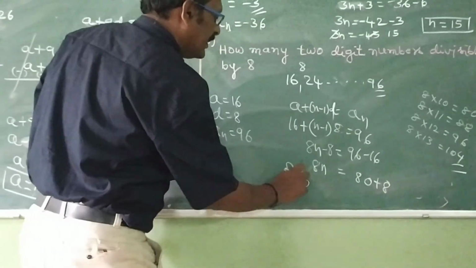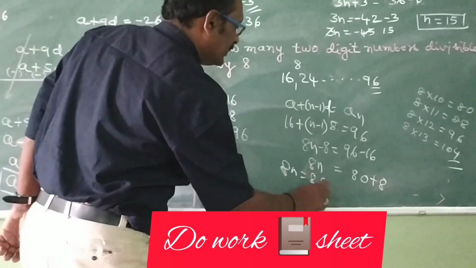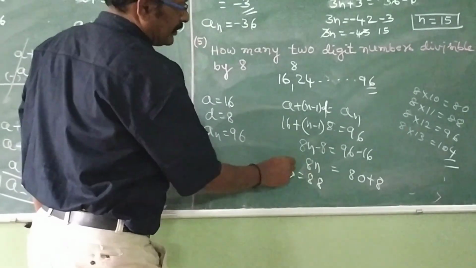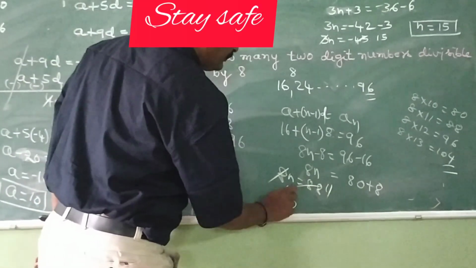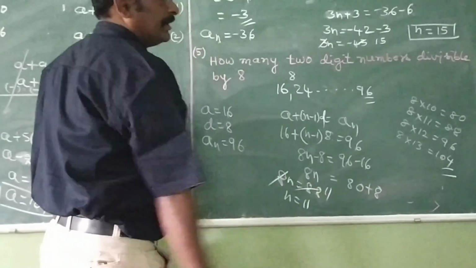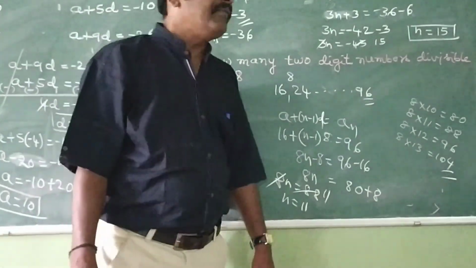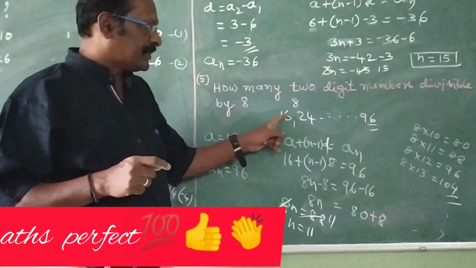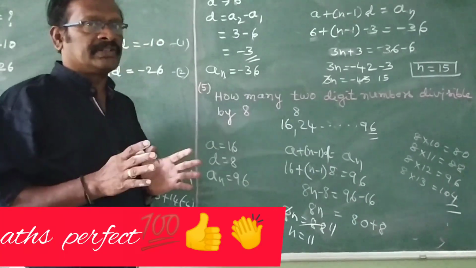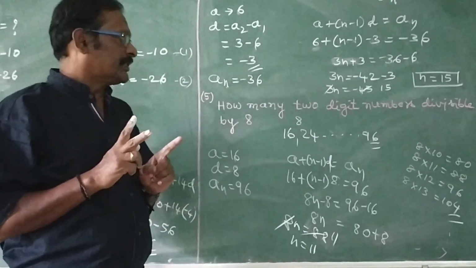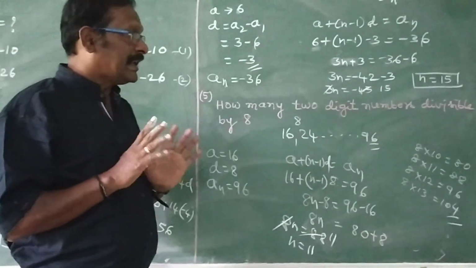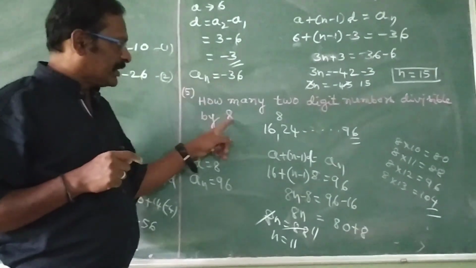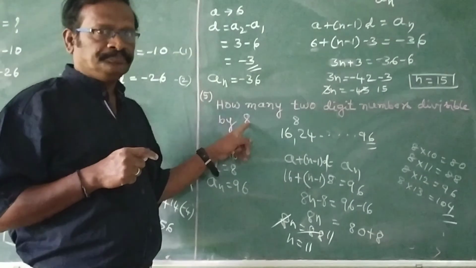So 8n is equal to 88. 8 is a factor of 88; 8 elevens are 88. n is equal to 11. So you write: 11 numbers starting from 16, 11 two-digit numbers can be divisible by 8.